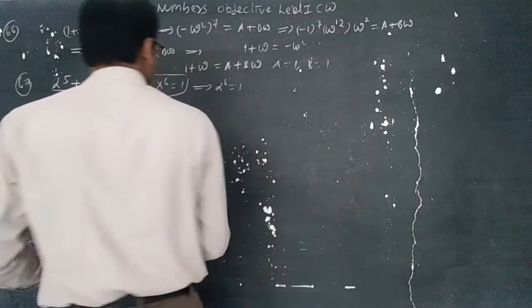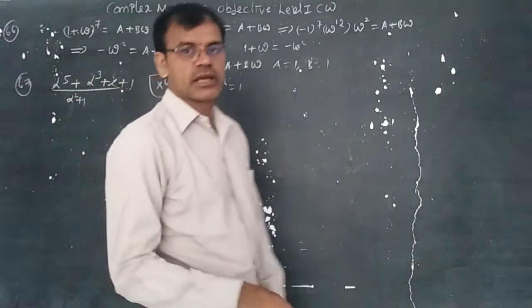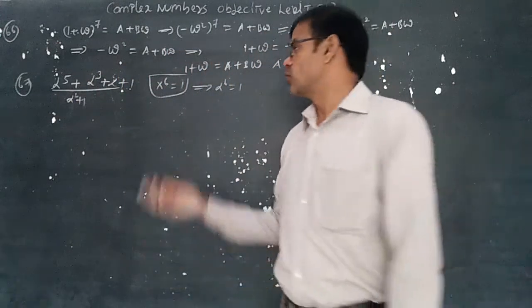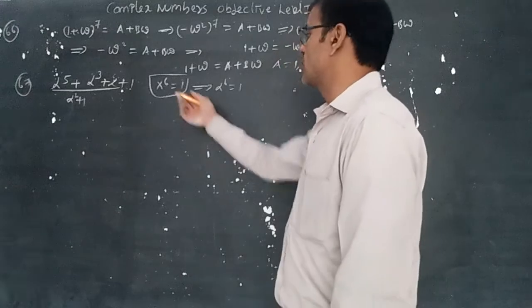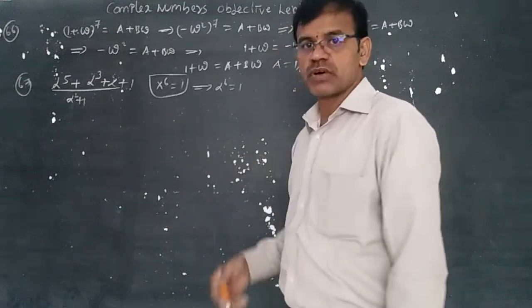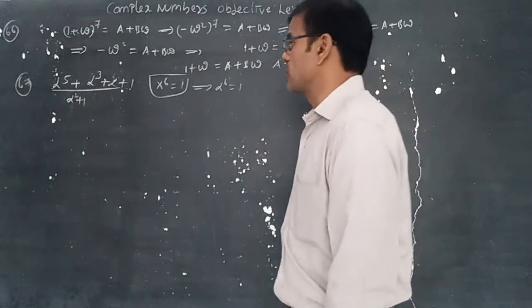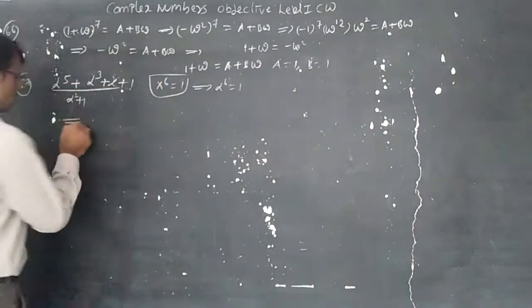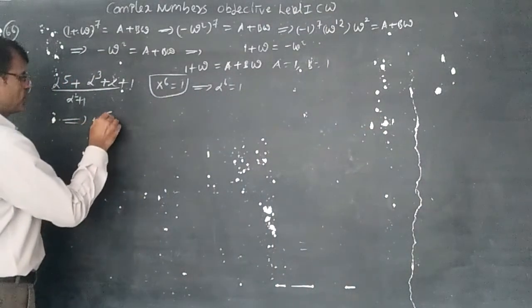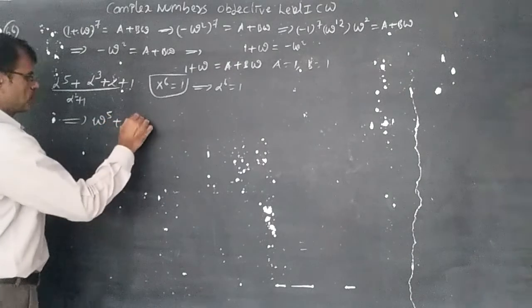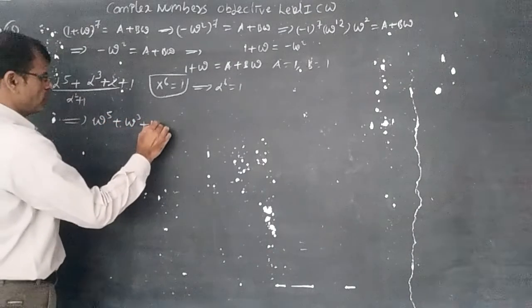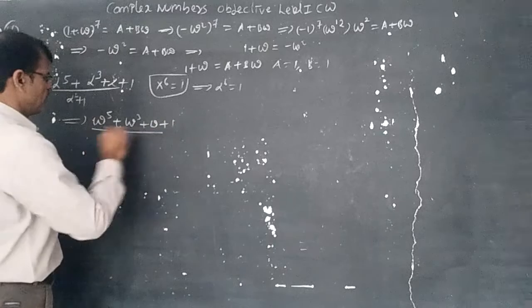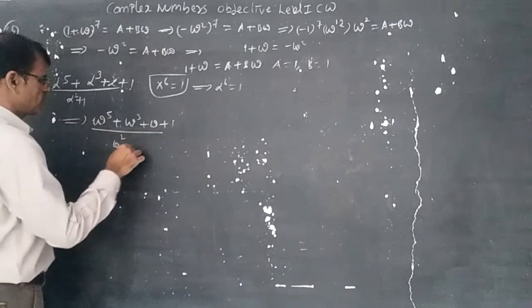So alpha power 6 is equal to 1 means you can apply the omega concept. Omega power 6 is equal to 1. So omega is a root of this concept. Whenever omega is a root, you can apply the properties of omega. Now write like this: omega power 5 plus omega cube plus omega plus 1 whole by omega square plus 1.